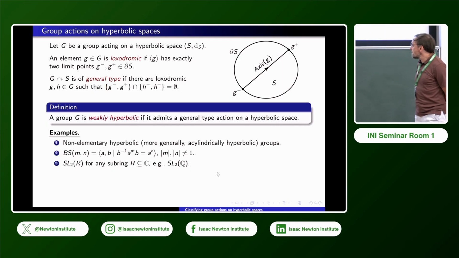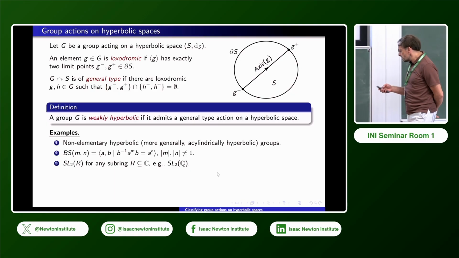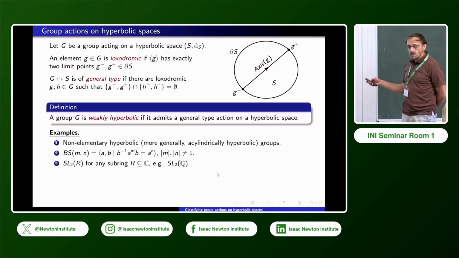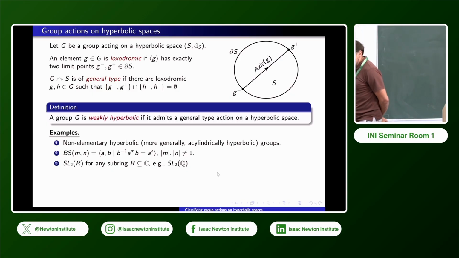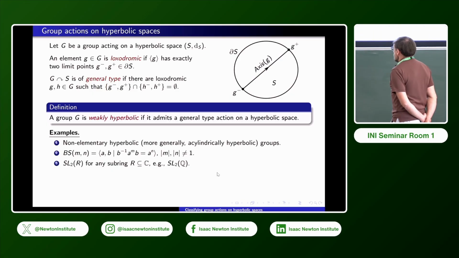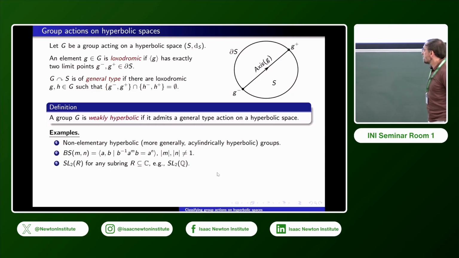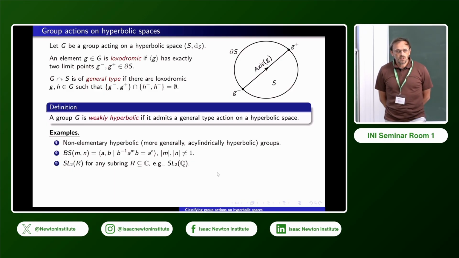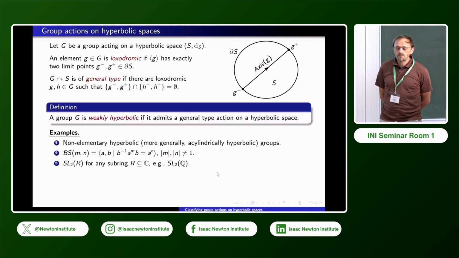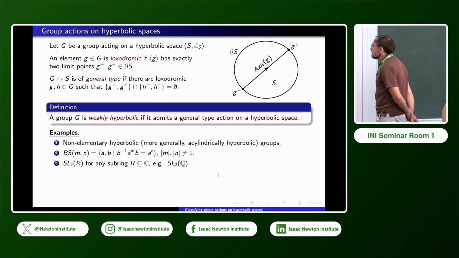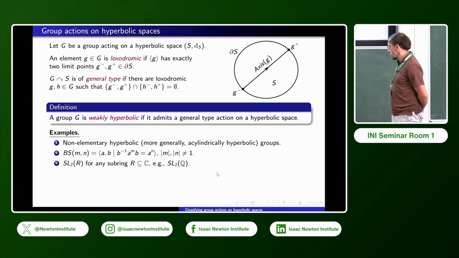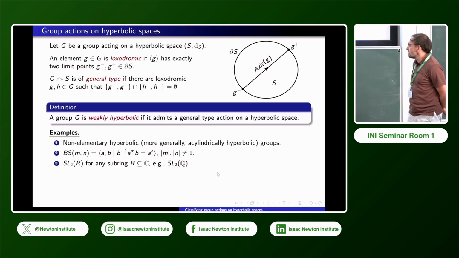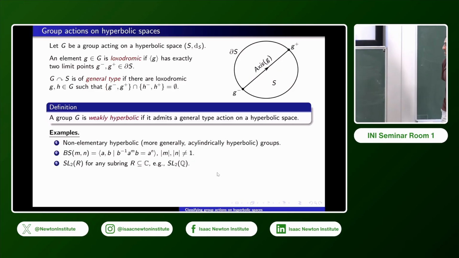But the class of weakly hyperbolic groups is not limited to that, so there are other groups, say Baumslag-Solitar groups, which are very far from being acylindrically hyperbolic or relatively hyperbolic or whatever you want. But they are weakly hyperbolic because the corresponding action on the Bass-Serre tree satisfies the definition. There are two transversal loxodromic elements, provided these numbers m and n are not equal to 1 in absolute value.